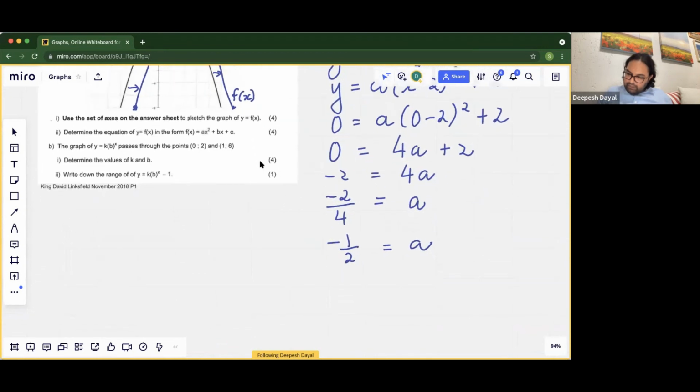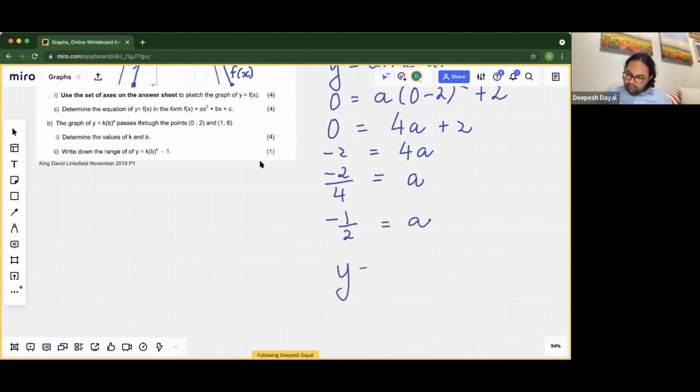And we'll have our final equation, y = −½(x − 2)² + 2. And that is our final equation. So this is our final equation in the turning point format, right? −½(x − 2)² + 2.